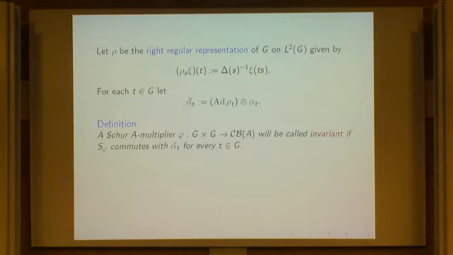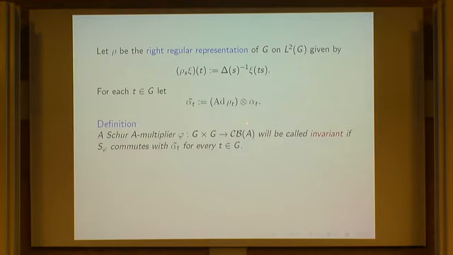Well, along with the left regular representation, let me consider the right regular representation as well of G, again on L2 of G, and let me consider this twisted automorphism. Now, alpha t was the automorphism of the C-star algebra A that corresponds to the point t of the group. Here I tensor it with the conjugation by the right regular unitary rho t.